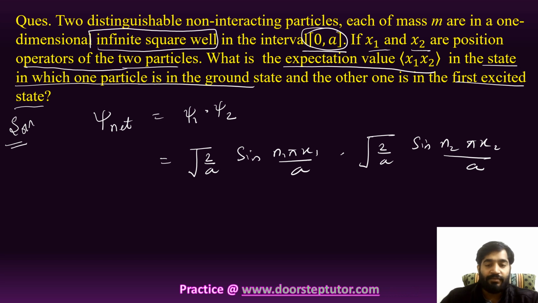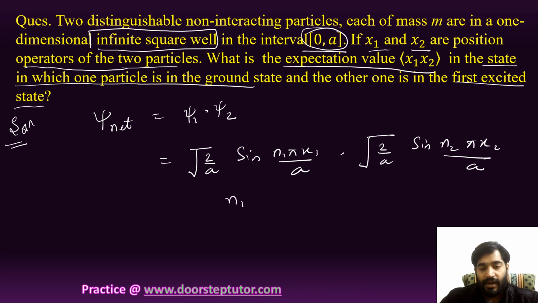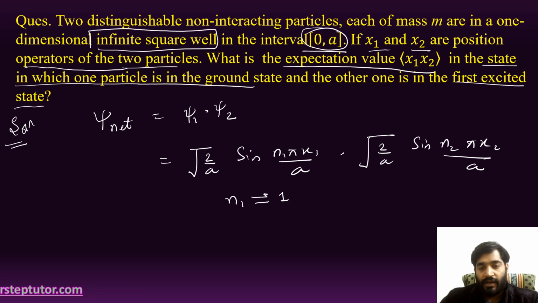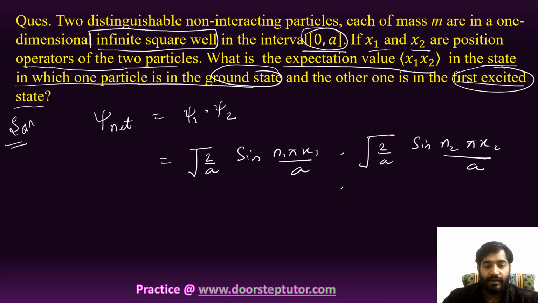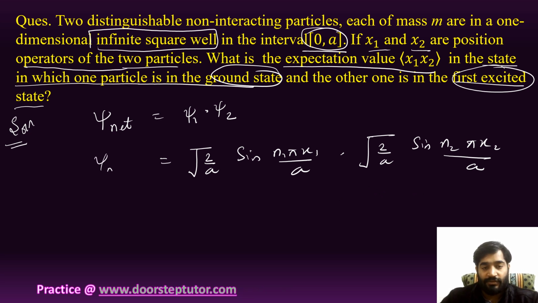Now remember one thing, here n1 is equal to 1 and n2 is equal to 2. Why? Because n1 is regarding the ground state and n2 is regarding the first excited state. Clear? This is the net function we have.